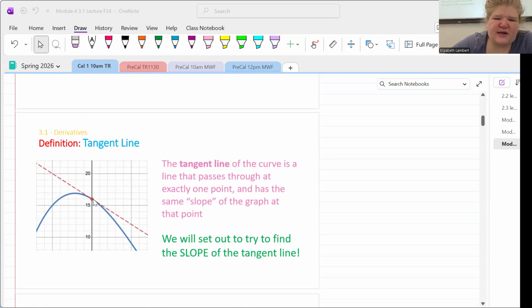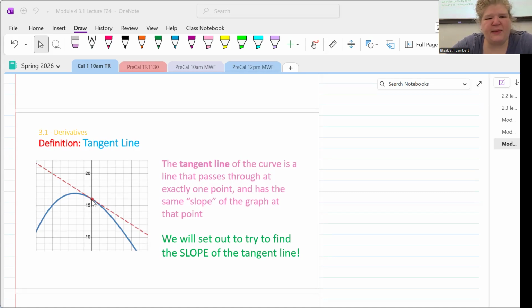When we have a single point on a curve, we can sketch through it a line that, right around that point, is only going to touch the curve at that point. So the rest of the curve will bow away, flex away from the line a little. Now, if I tweaked the slope just a little, then it would touch the graph in more than one point close around there.